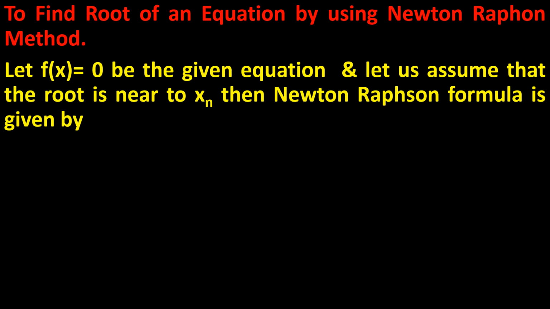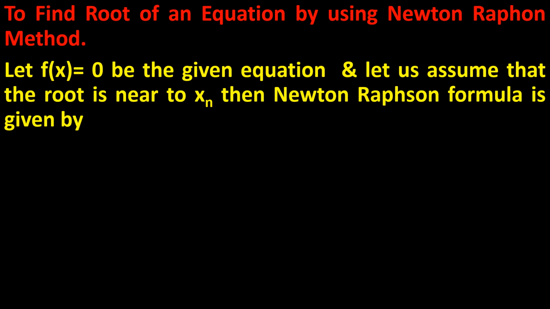They will be giving the initial value, that is the initial root, and consider that one as xn. If they are not given any root, you need to substitute values of x such that f of x is nearly equal to 0, and for which value of x f of x is nearly equal to 0, consider that one as the initial root.